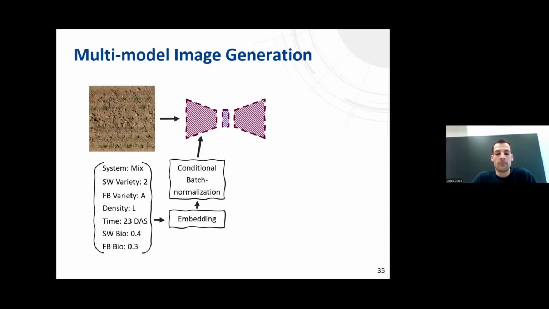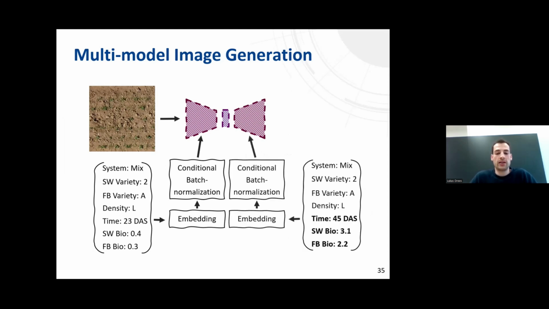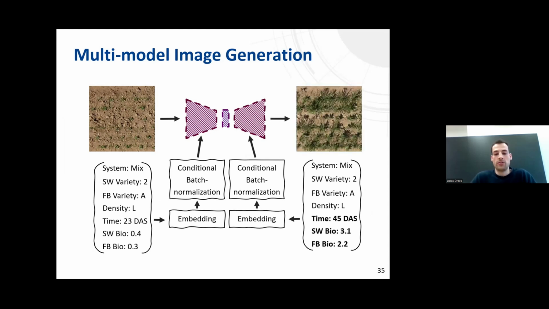And this is the way we include the factors into the model. We take the influencing factors up to the time step of the input images. We perform an embedding and use this embedding as conditional input for the encoder part of the network. And then we take influencing factors up to the time step of the image to be generated, embed them into the decoder part of the network, and then just generate the new image.